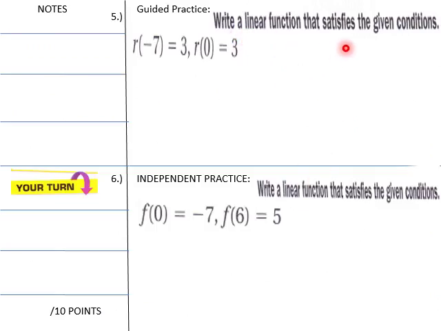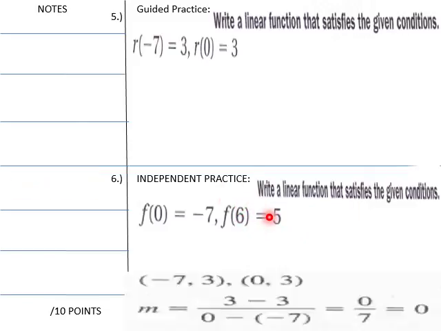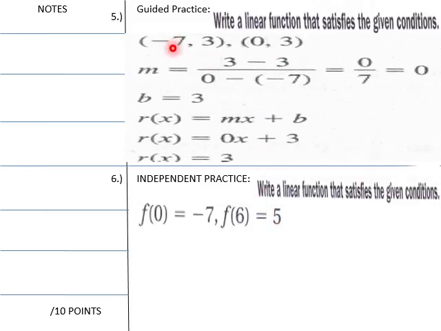Okay, write a linear function that satisfies the given conditions. r of -7 equals 3, and r of 0 equals 3. Same thing down here: write a linear function for those two points. We'll do the guided practice first, and then here is our plug-in: 3 minus 3, over 0 minus -7.